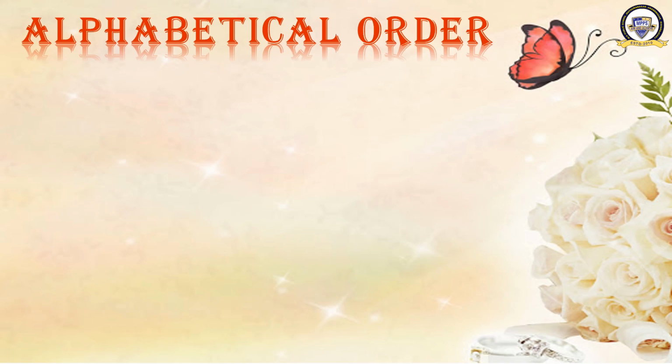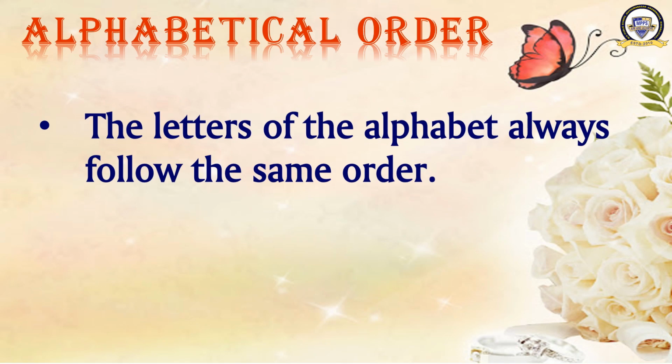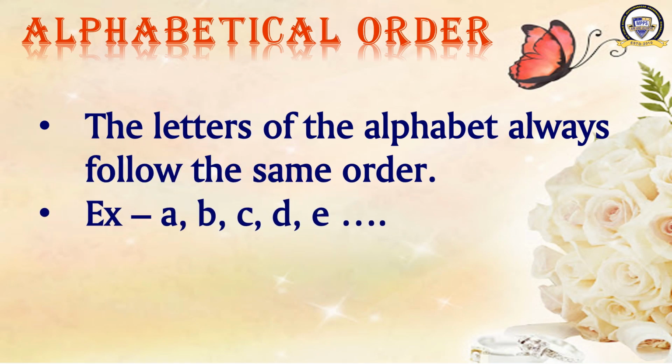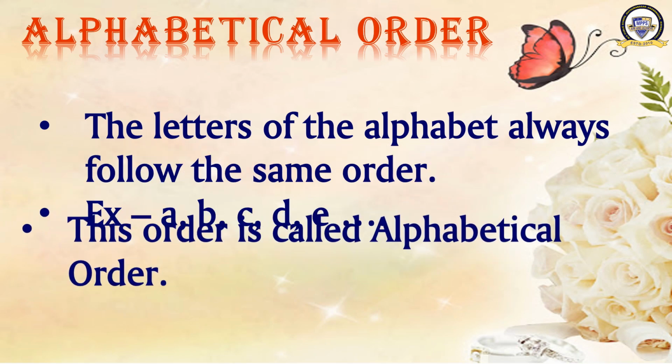The letters of the alphabet always follow the same order. Example: A, B, C, D, E, F, G, H. In this way we write it, and this order is called alphabetical order.